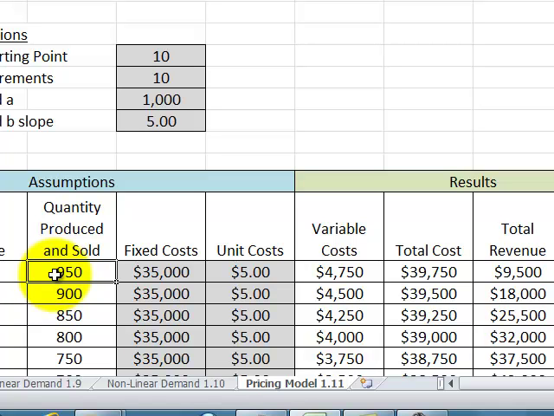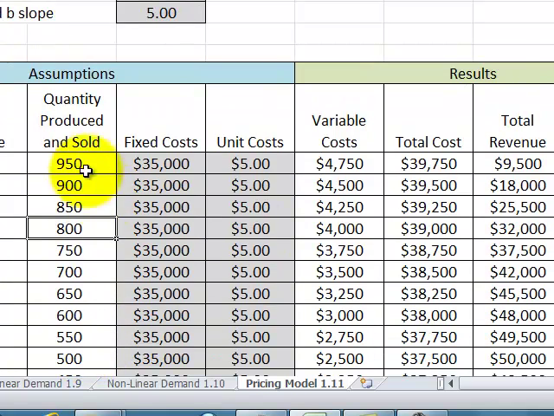Rarely in real life is that going to be true, but we're making that simplistic assumption for this model. So they tell us this is the demand function. At these different prices, notice our demand is going to change, and because it's a linear function, it's going to change by the same amount. For every $10 we raise the price, the units sold goes down by 50.